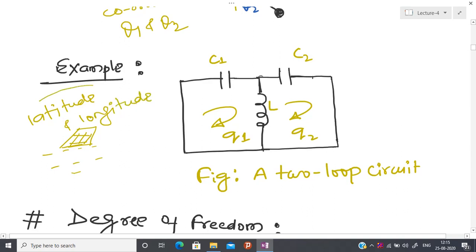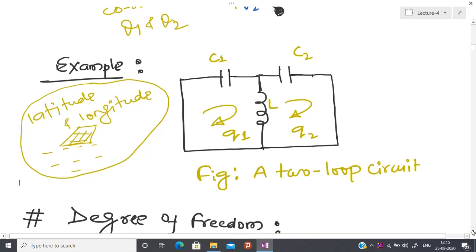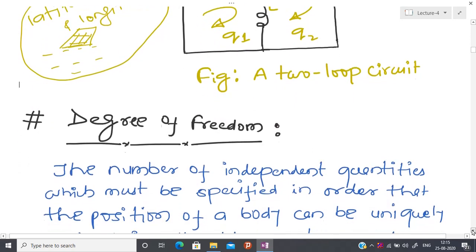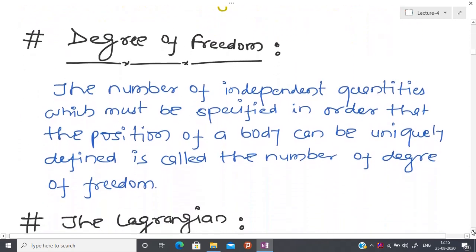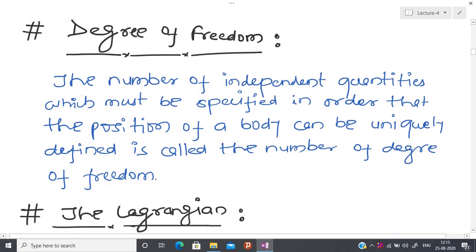So in this way I have two different generalized coordinate frames. Once we understood the generalized coordinate frame, another important quantity is called the degree of freedom.